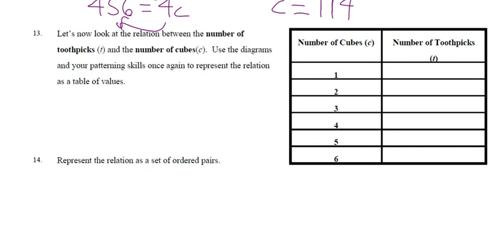Okay, so you went back, counted up. 2 cubes takes how many toothpicks? 3 cubes takes how many toothpicks? 4 cubes takes how, what are we going to do to get the rest of them?